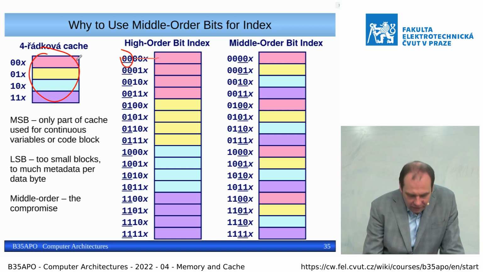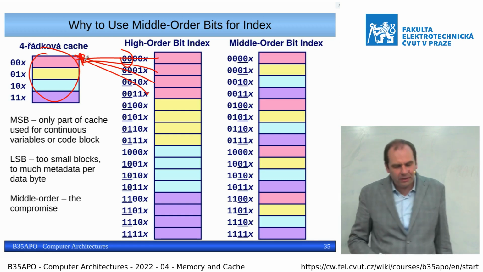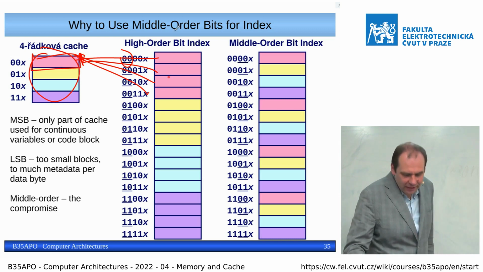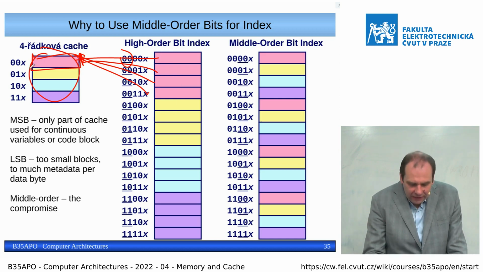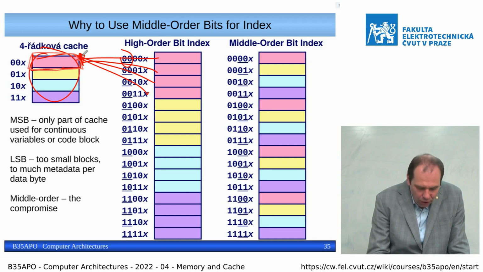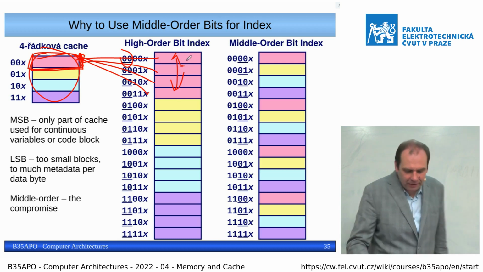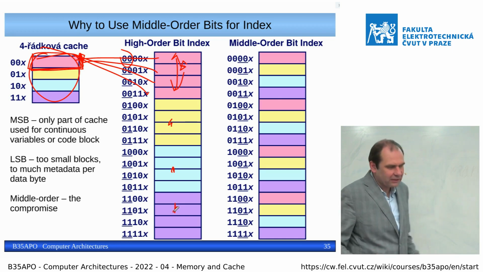Then data from consecutive locations will actually go to the same row in the cache. But it is typical that we access an array in some area, or some matrix and so on. So in this case, we would use only a single row of the cache when we work with those data. And it is not so typical that we work with data in so many random places in the memory.